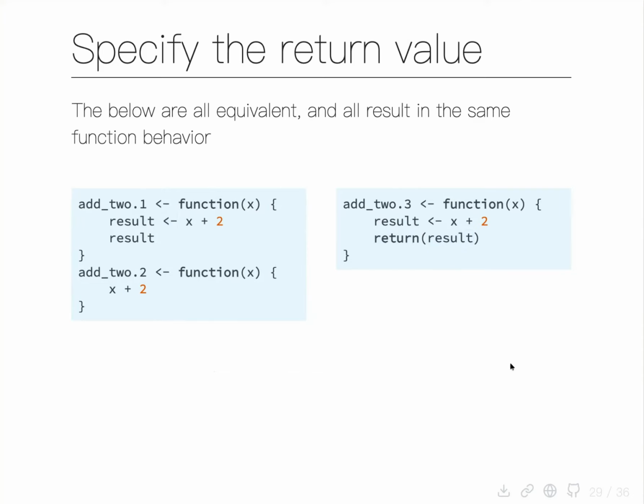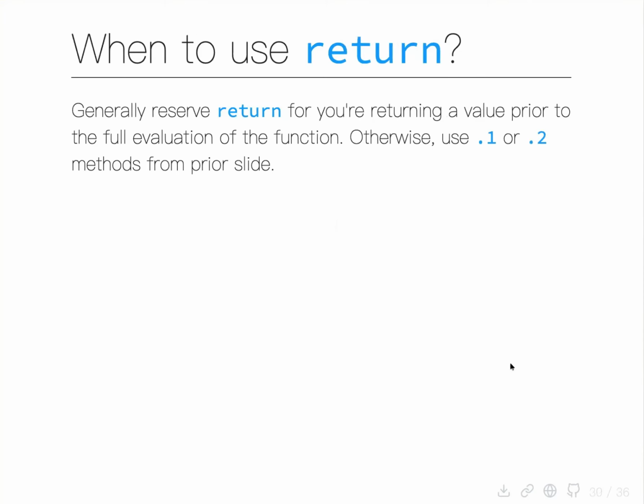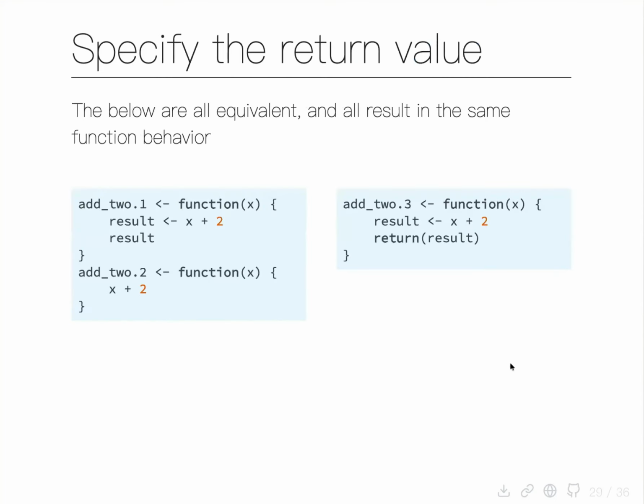There's nothing wrong with that at all, but generally you want to reserve the return function for non-standard return values. So I would not do this one generally. I would probably do one of these two, and if it were this simple, I would just do this. But very often I'm doing something like this too.